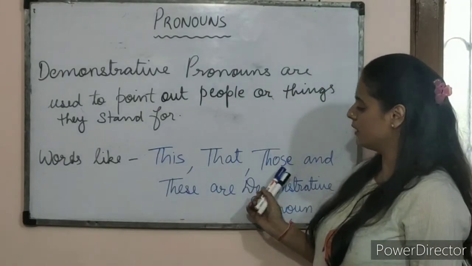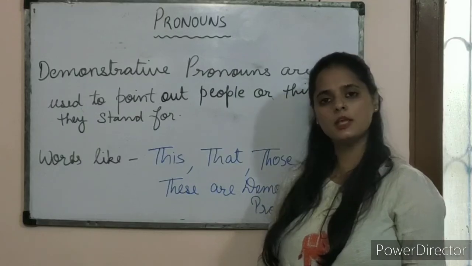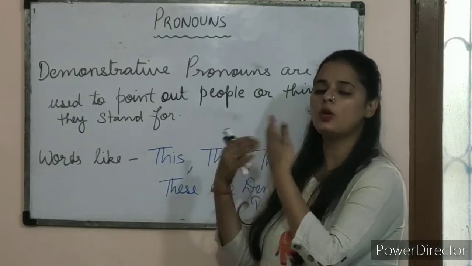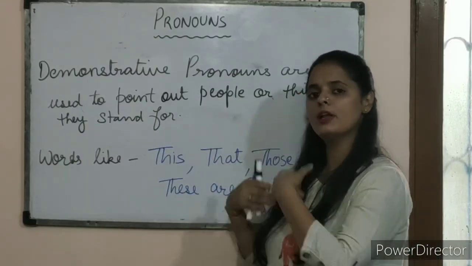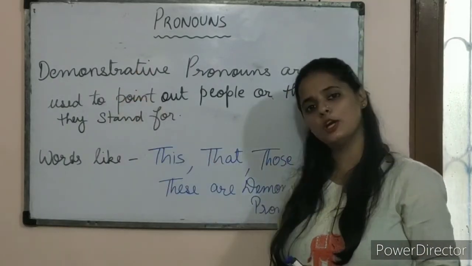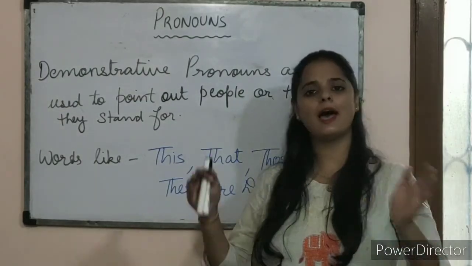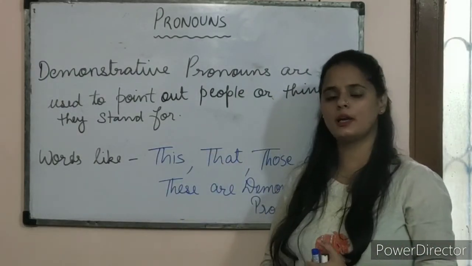Without using these words, we cannot point out or talk about anything which we are trying to talk about or make someone understand, right? So I hope this concept is clear to you. Also the concept of this, that, those, these with the singular and the plural form is also clear to you.